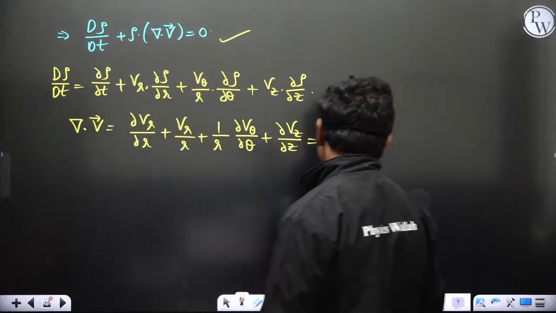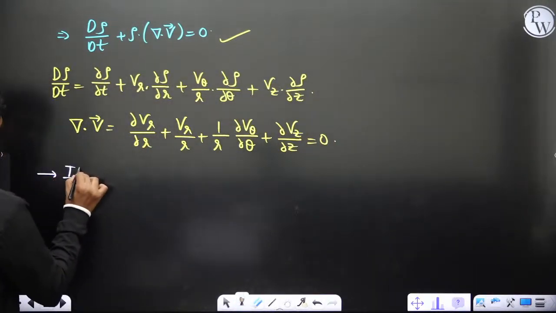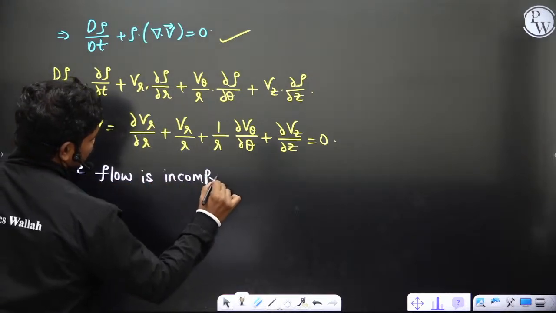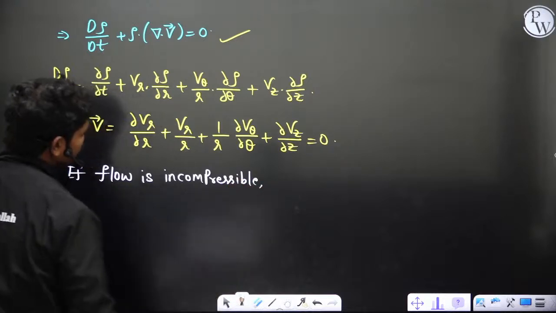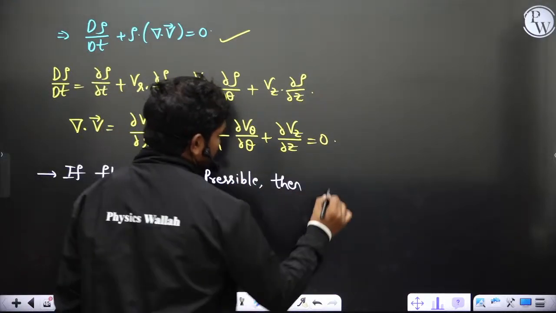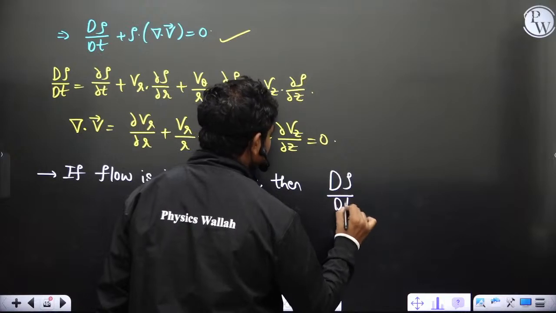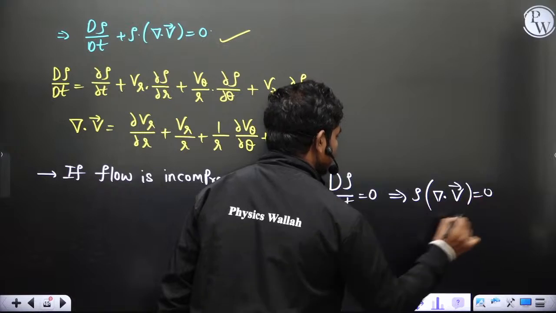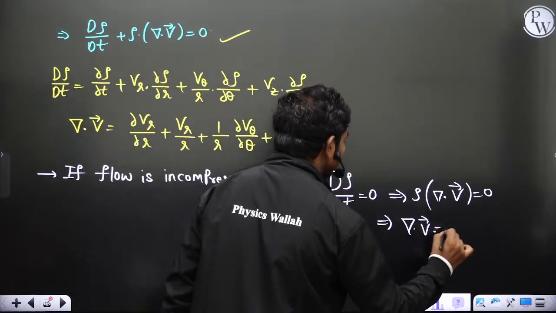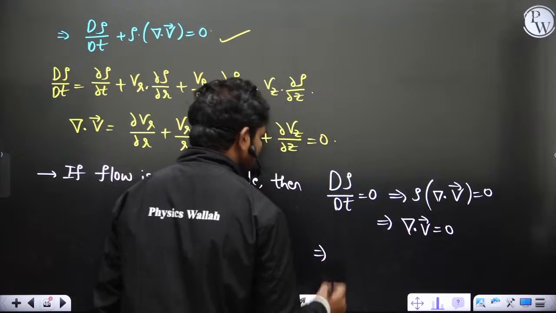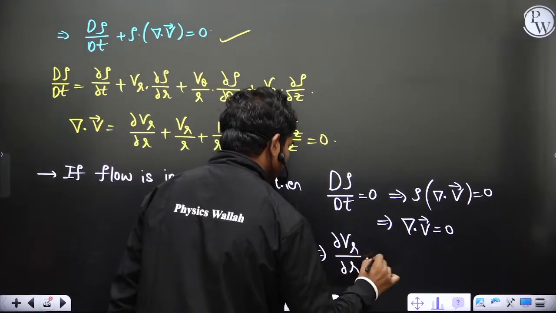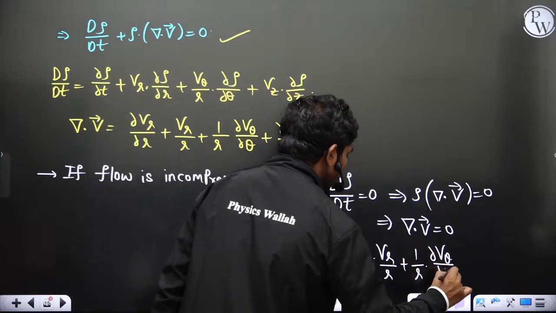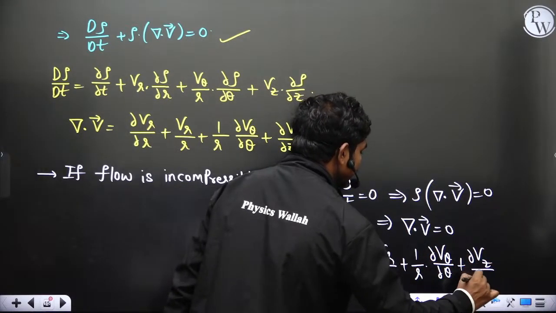So if the flow is incompressible, then d rho by dt is equal to 0, and this gives you rho times divergence of velocity equal to 0, so divergence of velocity is equal to 0, which you can write as dou vr by dou r plus vr by r plus 1 by radius times dou v theta by dou theta plus dou vz by dou z equal to 0.